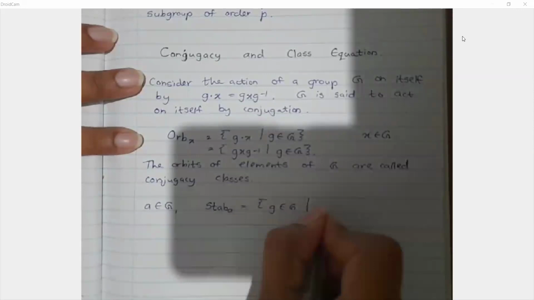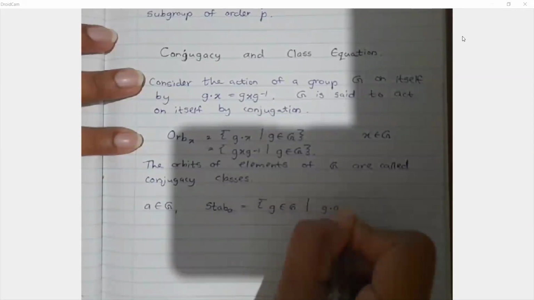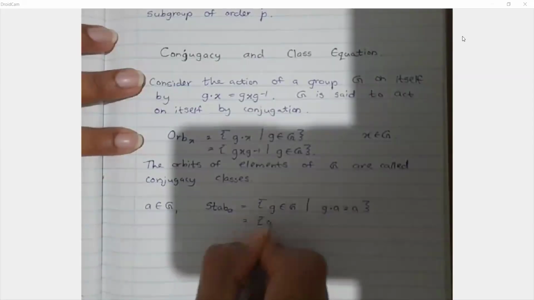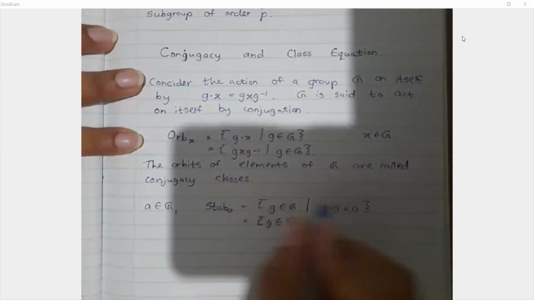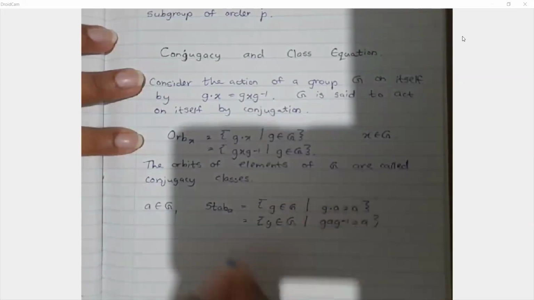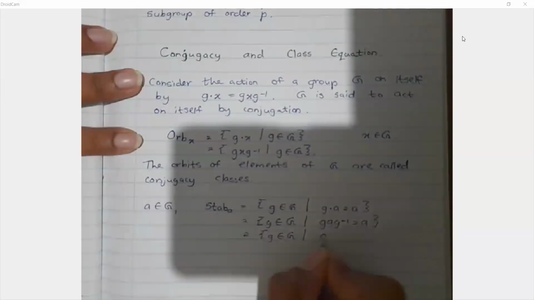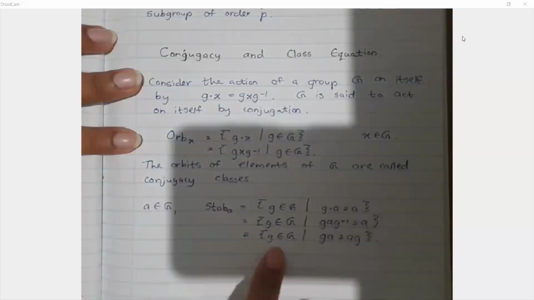In other words, where g dot A is equal to A. And we know that g dot A is defined by g A g inverse. Multiplying both sides by g, every g belongs in here such that gA is equal to Ag. In other words, this is the set of all elements in G that commute with A.